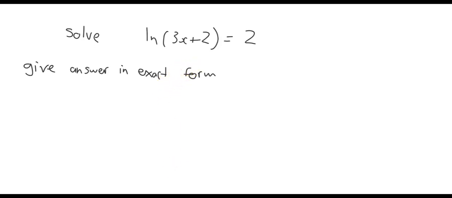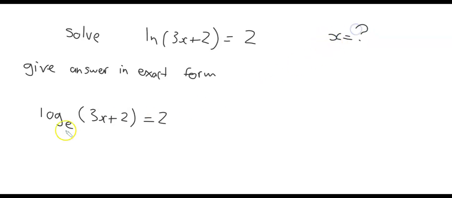Okay, so how can we apply that here? Well, we can remember that ln is log to base e, so we could maybe rewrite the question like that. You don't have to rewrite it as log to base e. You could just keep it as ln, but it might help you sometimes to remember what's really going on. And then we want to solve this, so remember that means we want to get x equals, so that means we want to remove the log.